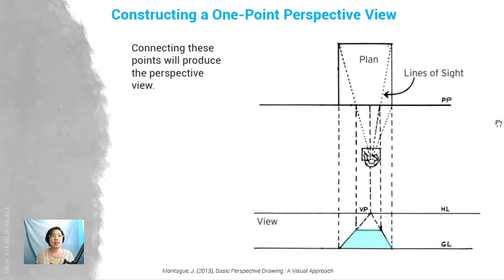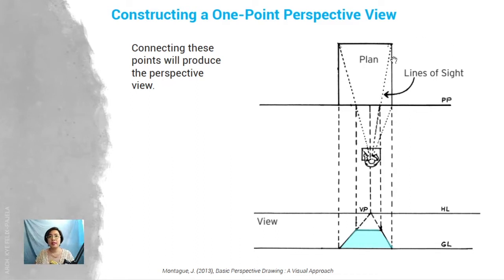So, connecting these points will produce the perspective view. So, itong nasa taas na plan, that is the top view. Pag pinoject na natin siya doon sa perspective, hindi na siya rectangular or square. Nagkakaroon na siya ng konting angle dahil nga nakabase na tayo doon sa vanishing point.